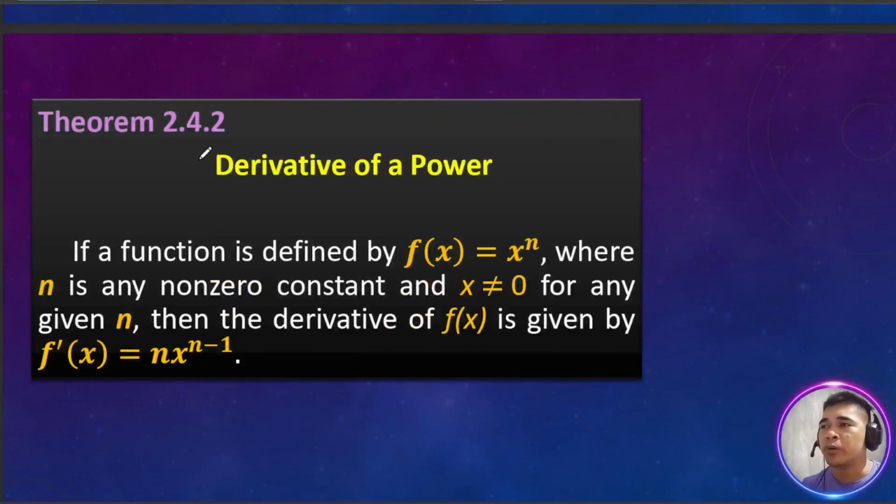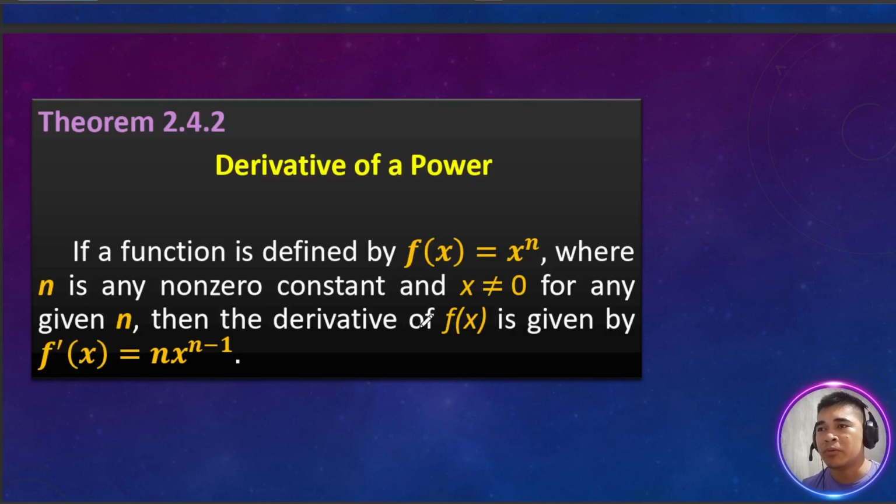Next, Theorem 2.4.2, derivative of a power. If a function is defined by f of x equals x to the power of n, where n is any non-zero constant, so take note of the condition, n is a non-zero constant, and x is not equal to 0 for any given n.